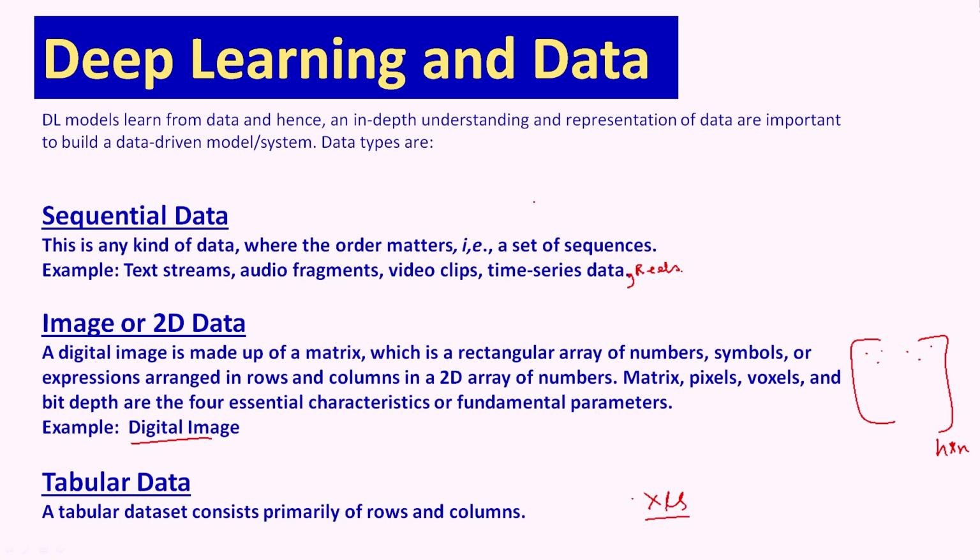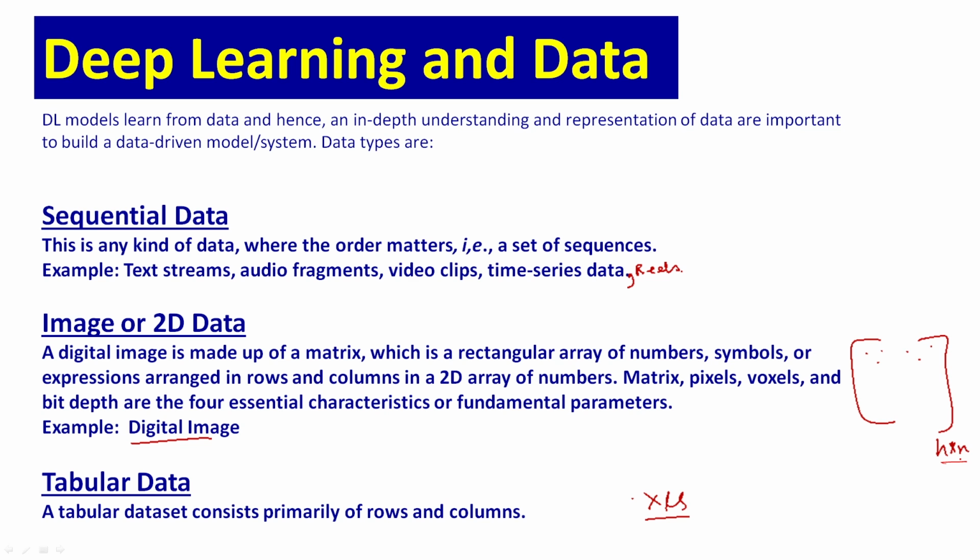So, there are 4 important aspects of these kinds of digital images: the matrix, which is this n by n, elements like pixels, picture elements, voxels like volume elements, and bit depths. These are the fundamental characteristics of 2D image data.